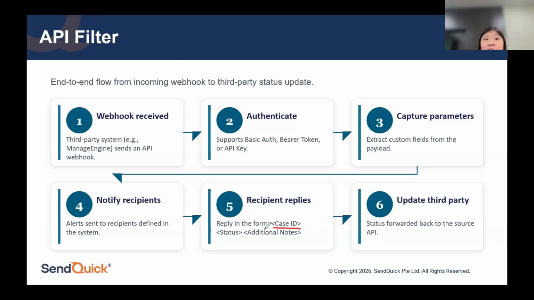The case ID is defined in our system, so this is not the real ticket ID from your third-party system, but a case ID for our internal process. So they can reply with the case ID, the status, and then the additional info that they want to update back to your third-party system. After that, the status will be forwarded back to the source API.